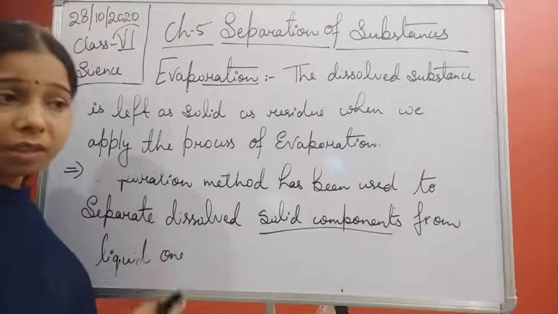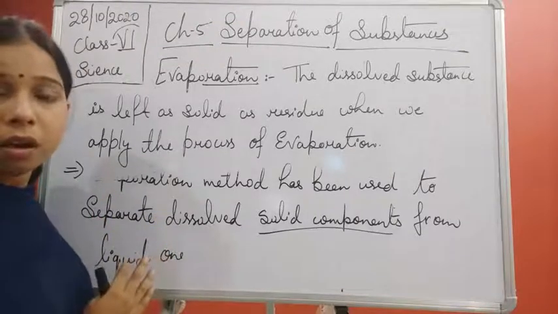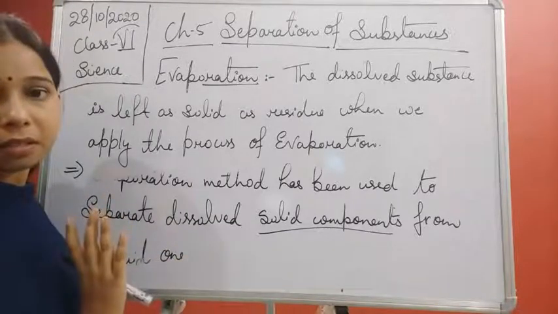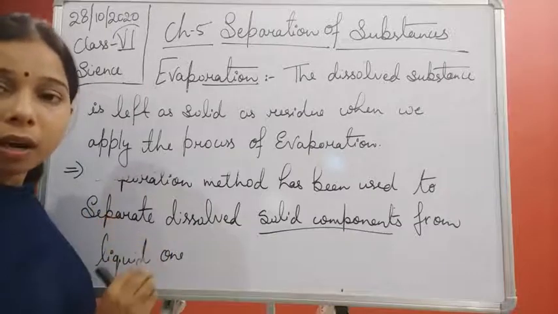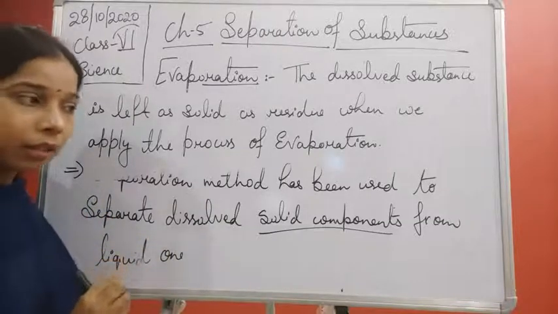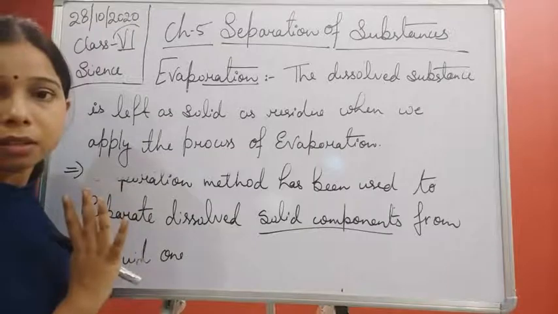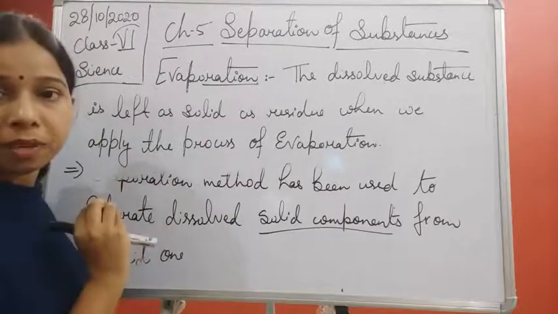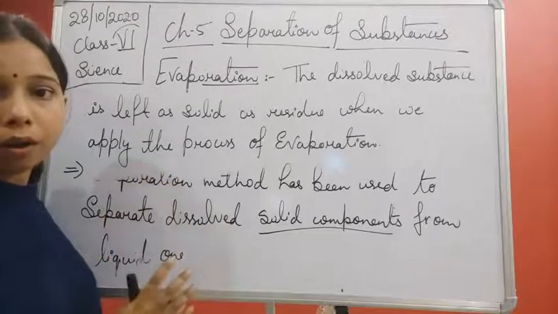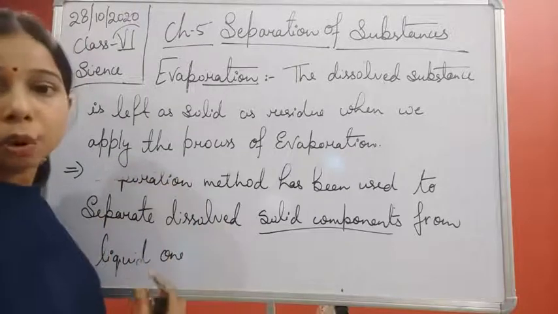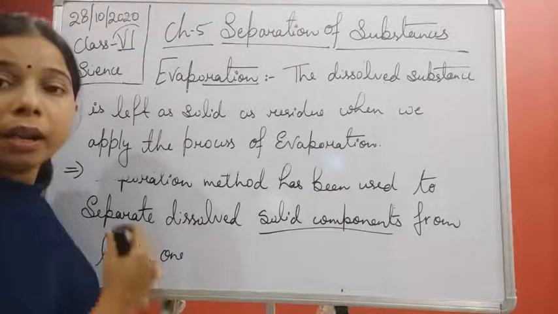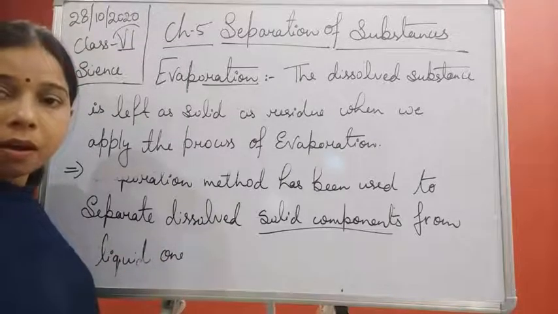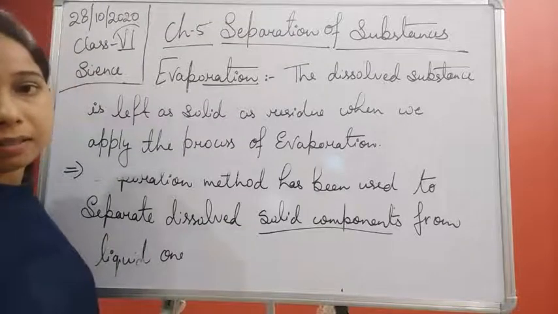So if you mix something with petrol, the petrol will evaporate and the solid will remain behind as it is. But if we talk about water, students, water does not evaporate as it is. So what we have to do is apply heat. Supplying heat to the water which has dissolved solid in it will help in evaporating the water into water vapor, leaving the solid behind as a residue.